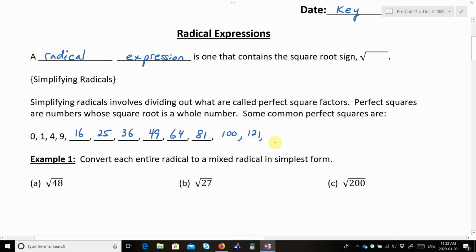And then 121. 12 times 12 is 144, so the square root of 144 is 12. 13 times 13 is 169. 14 times 14 is 196. And 15 times 15 is 225. Okay, and they continue in this manner.